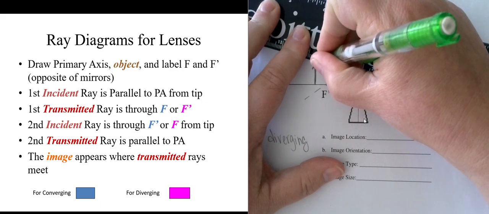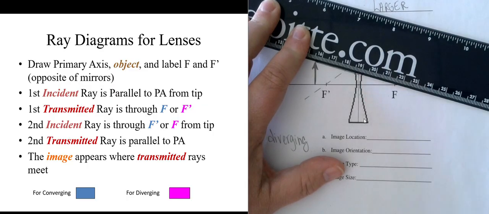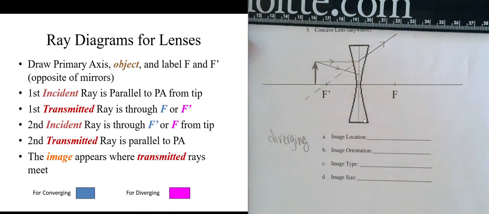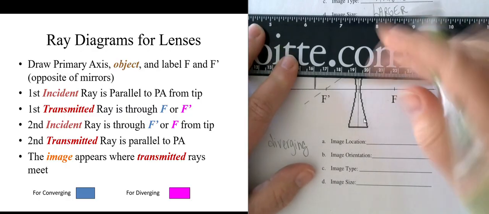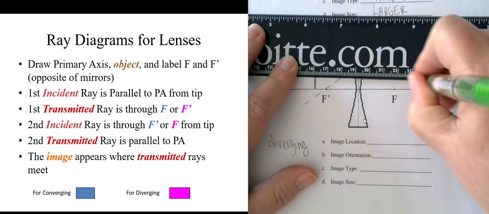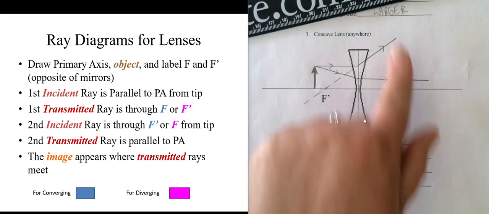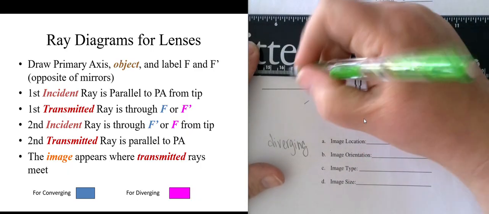So we're going to start at the tip and come down, stopping when we get to the center of the lens. What enters diagonally will exit horizontally, parallel to the primary axis. Boom chakalaka. They don't meet. Extend that one backwards.